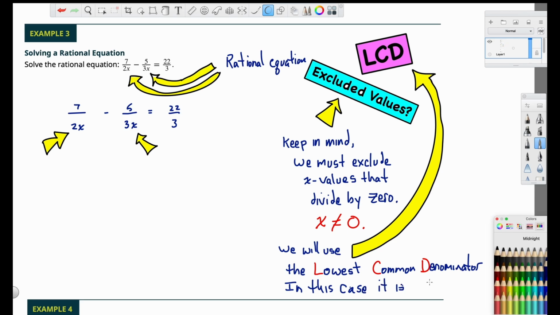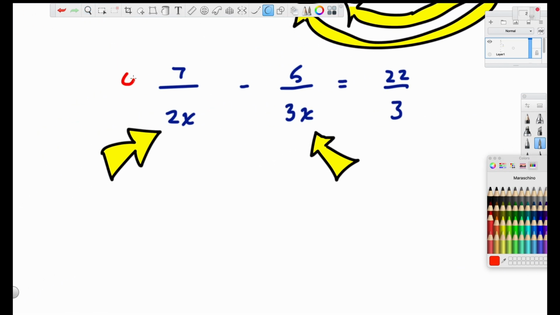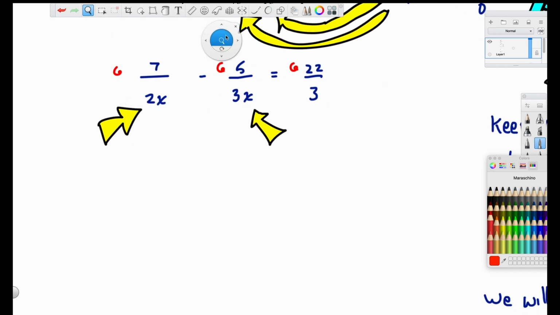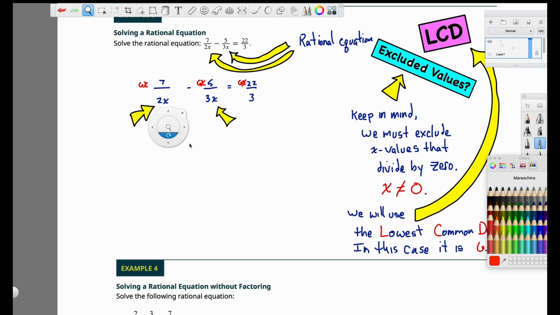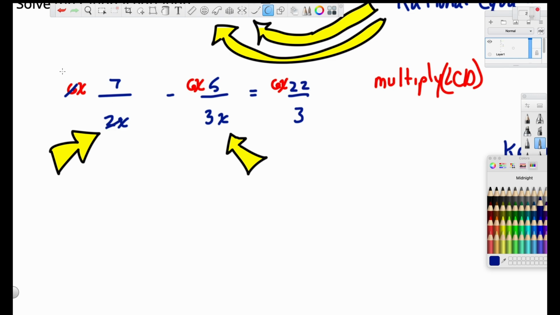So we have 2x, 3x, and 3. The lowest common denominator is 6x. So we're going to multiply everything here through by 6x. 6x is our LCD. And now we're going to simplify each expression here. So 6x divided by 2x is 3. 6x divided by 3x is 2.